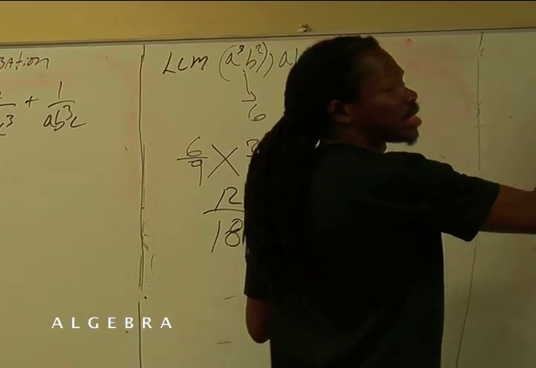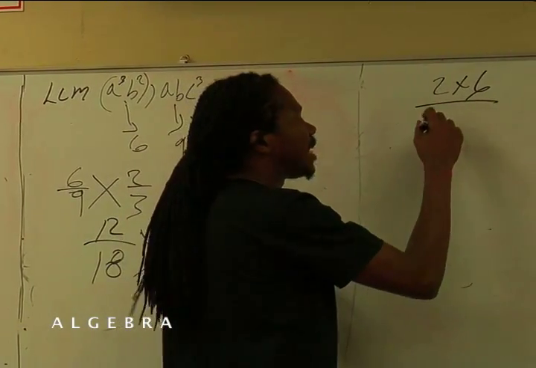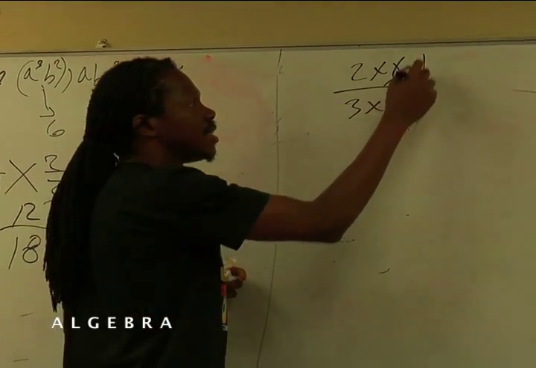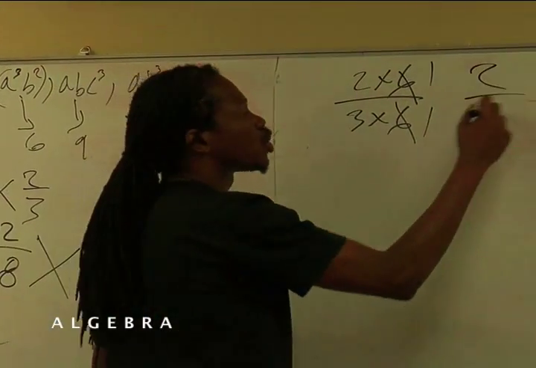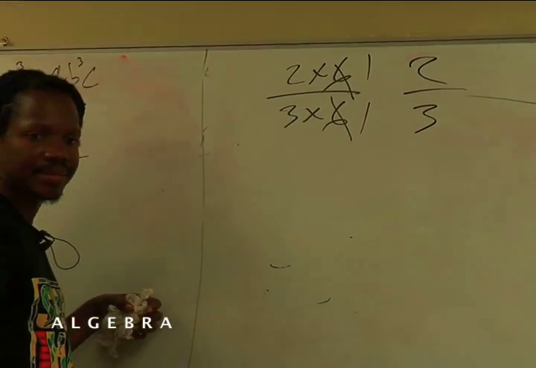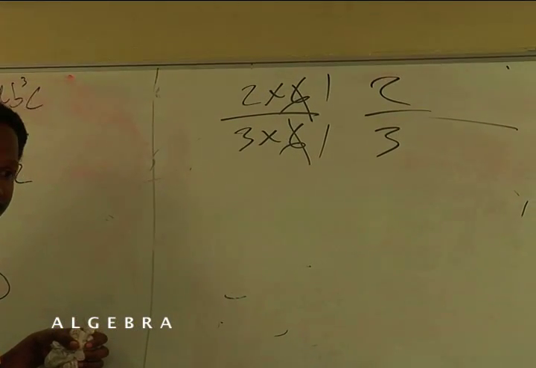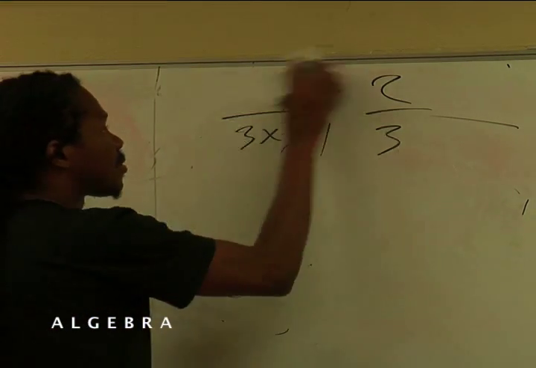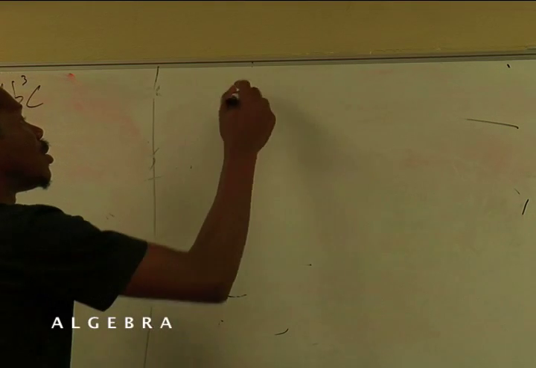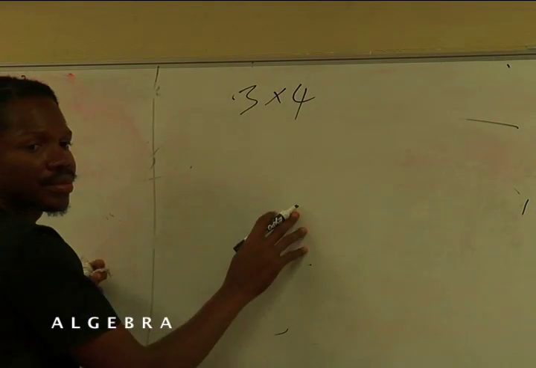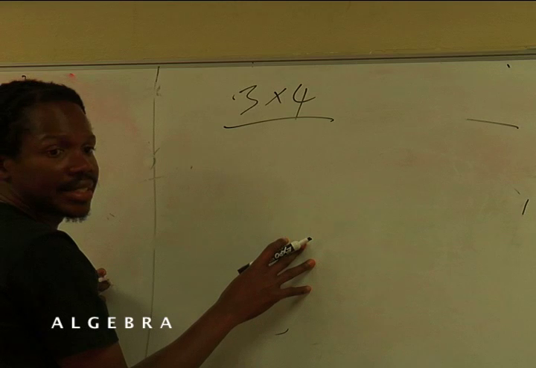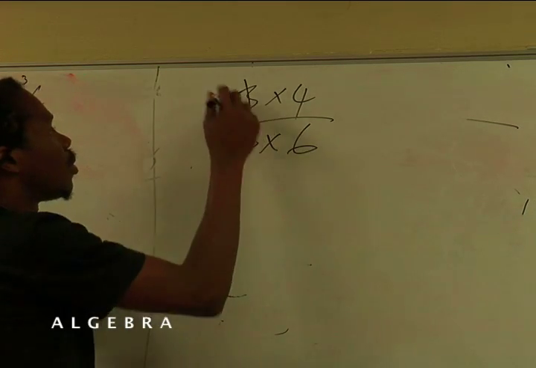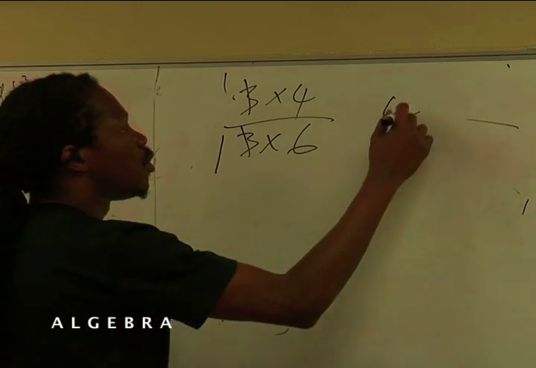12 is 2 times 6, over 18, 3 times 6. This 1, 2 ones, 2, 3 ones, 3, 2 over 3. You see that? 12, 3 times 4. 18, 3 times 6. 1, 1. 4 over 6.